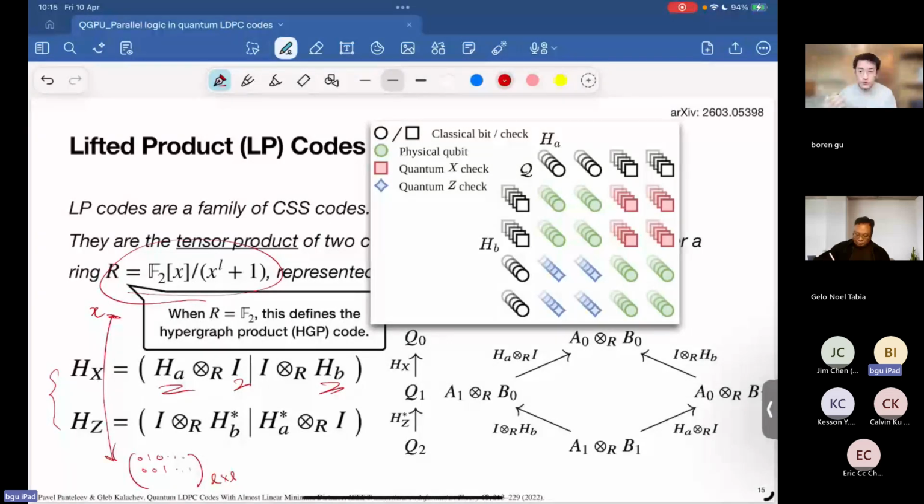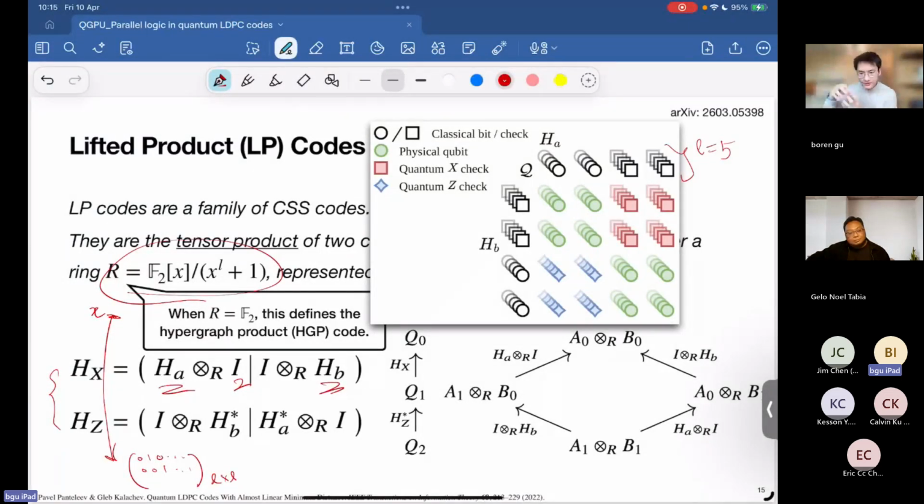From a Tanner graph point of view, the colored dots are the quantum ones, and the classical ones are the black and white ones. This is a case where L equals 5. For each ring element, you consider them as a cluster.